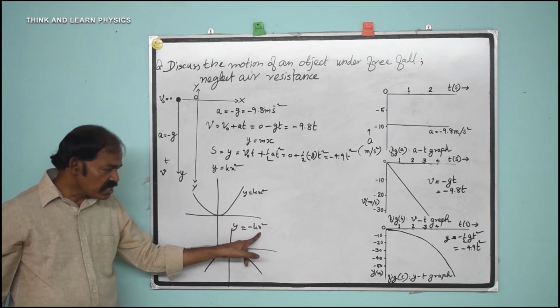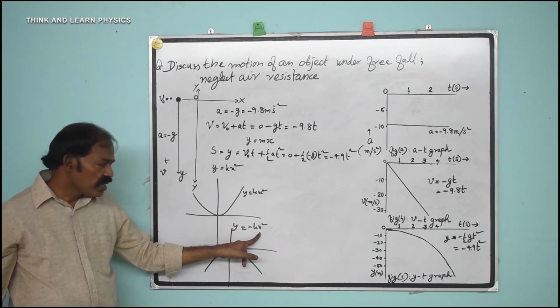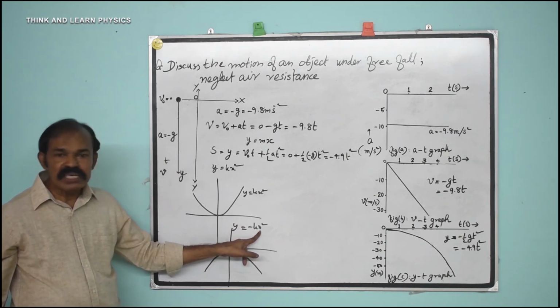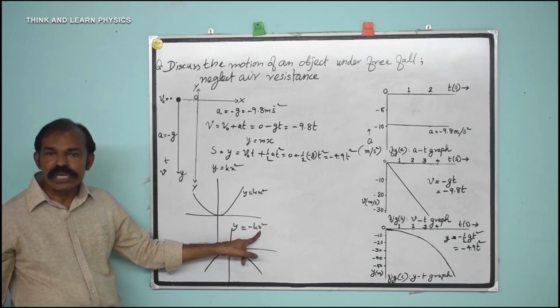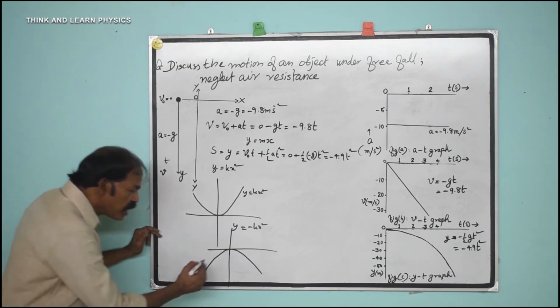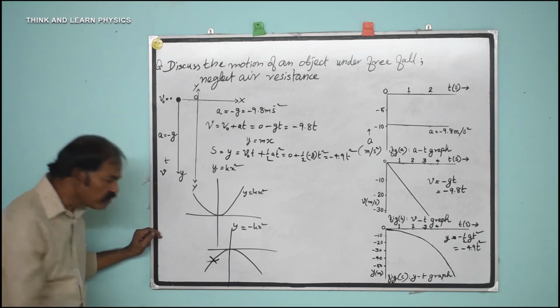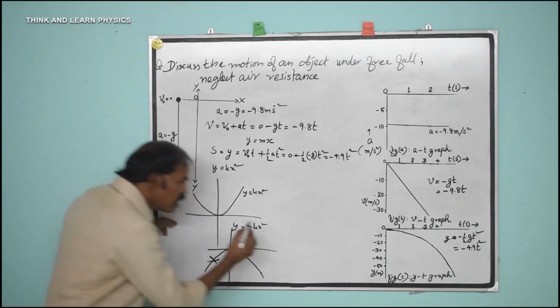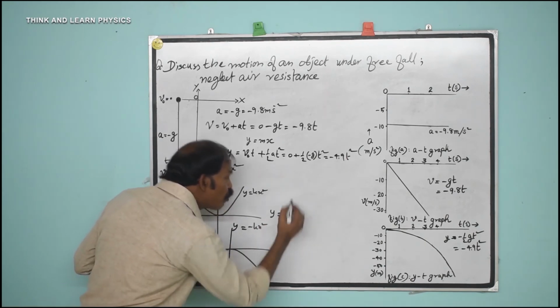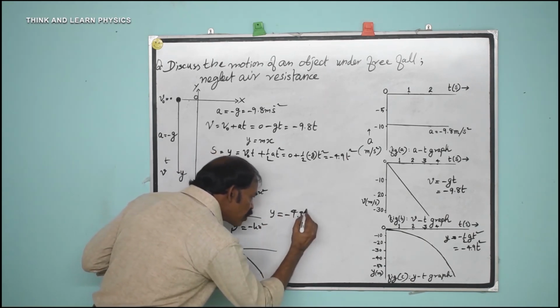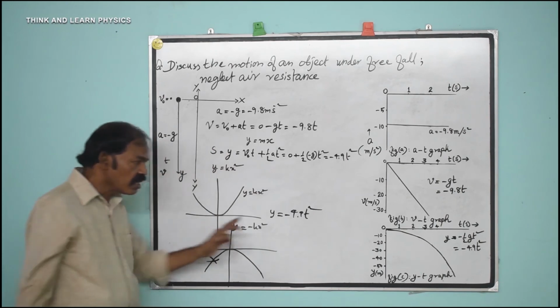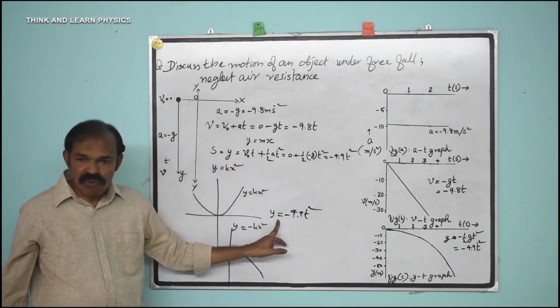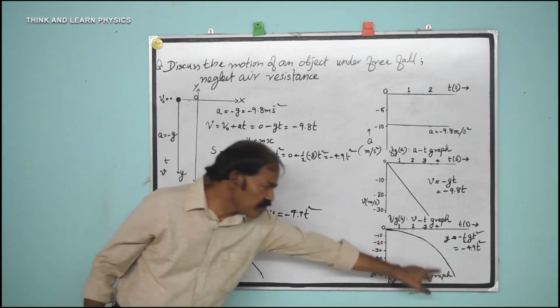But instead of x, when we take time, then time will take only positive values, no negative value. Therefore, this part will be absent. This portion will be present in the case of the relation y is equal to minus 4.9 t square. The graph between time and y will be this graph.